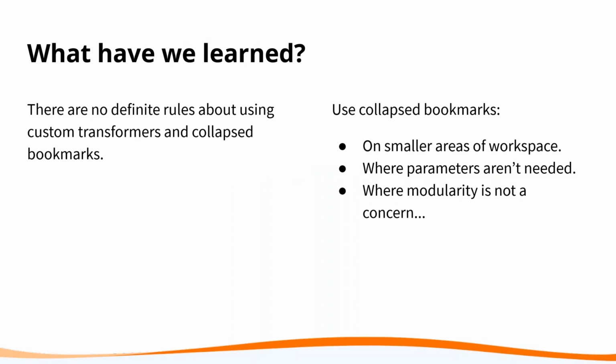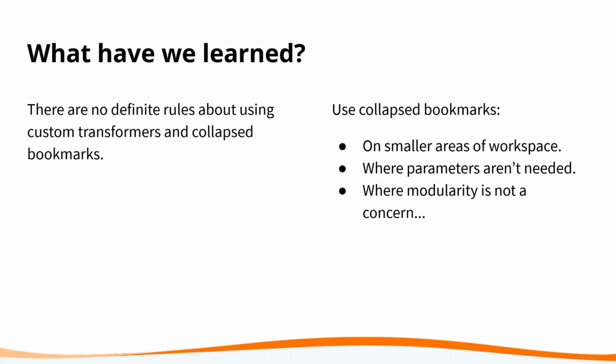So really, the thing we learned there is there's no definite rules about when to use those two different types of functions. Generally, I use collapsed bookmarks in smaller areas of workspace, and custom transformers will be bigger sections. I'd use it where parameters aren't needed, because then you can set it on the custom transformer directly, whereas you'd have to search through the bookmark to find it.